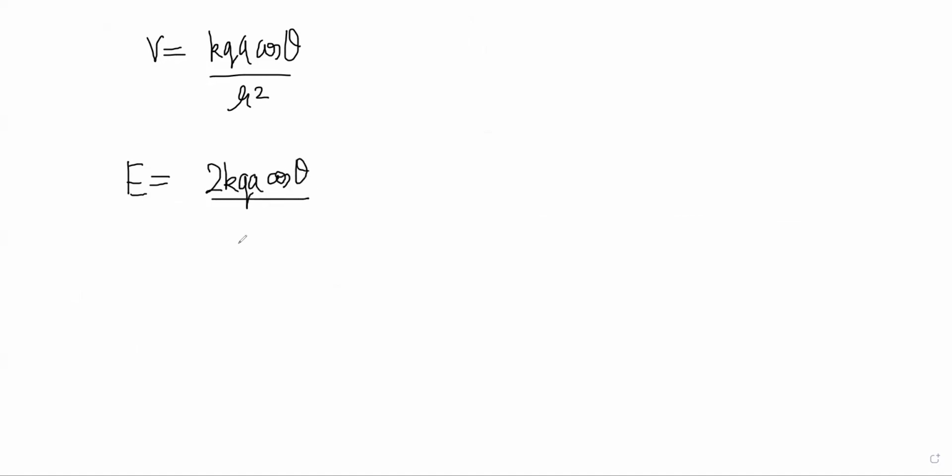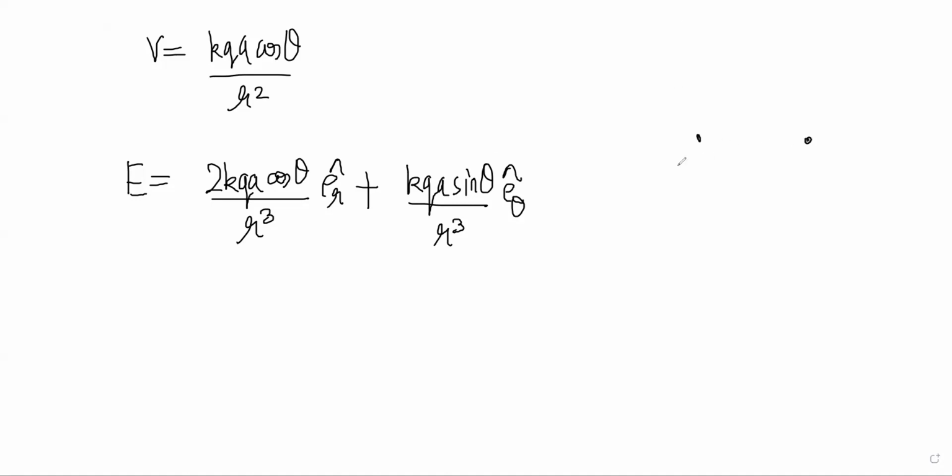Okay, so those are your basic results, kqa cos theta by r square. Now we will look at one more thing: 2kqa cos theta by r cube R plus kqa sin theta by r cube theta.